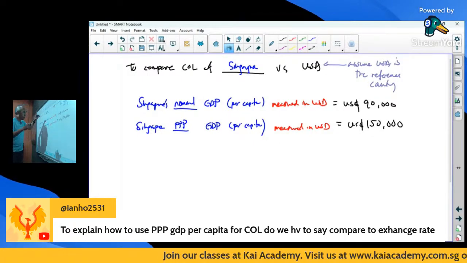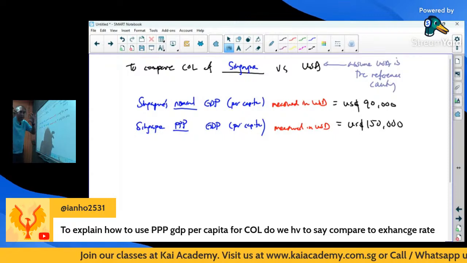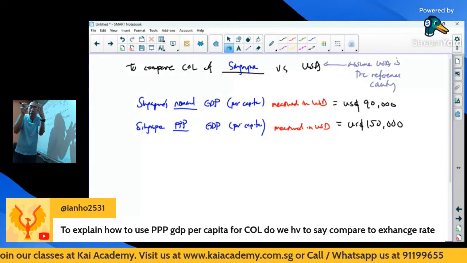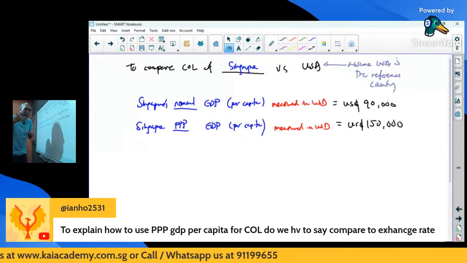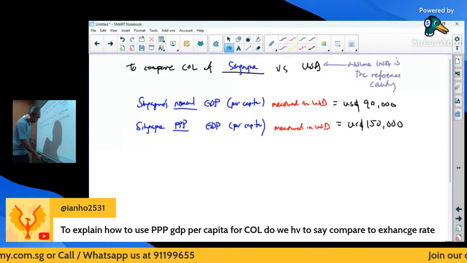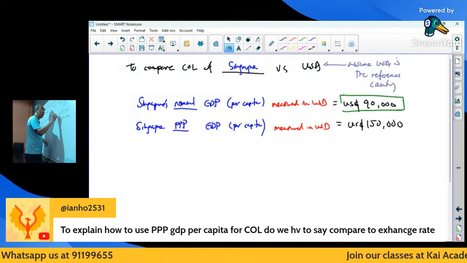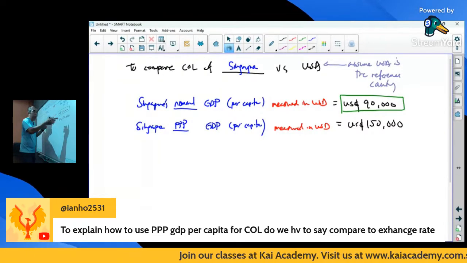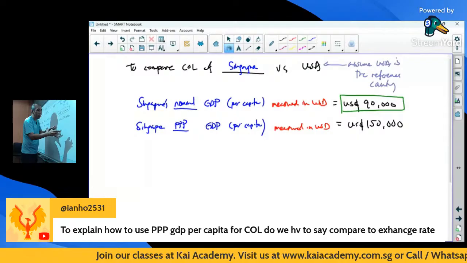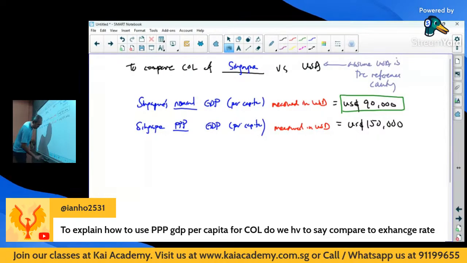So 90,000 is the GDP per capita in Singapore in Sing dollar, converted using market exchange rate to US dollars, we get 90,000. But if we were to convert the GDP per capita in Sing dollar to US dollar using PPP exchange rate, then we get 150. So let me write this down.